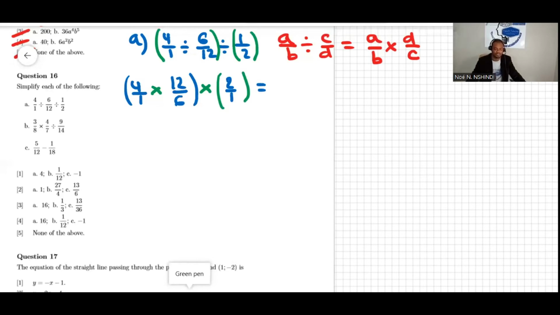We can simplify here by 6, and 12 divided by 6 is 2. This makes 4 times 2 times 2, which is equal to 16.